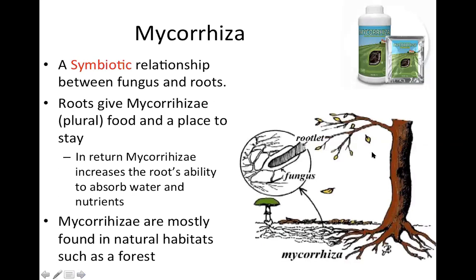Oh, mycorrhizae. We talked a lot about mycorrhizae already. It's this really great beneficial fungus that attaches to the tree roots. Trees sequester carbon, and they use a lot of that carbon to build their branches. But then the leftover carbon, they convert into sugars and carbs, and they exude them slowly out of their root systems, and that feeds all this healthy biology in the soil.